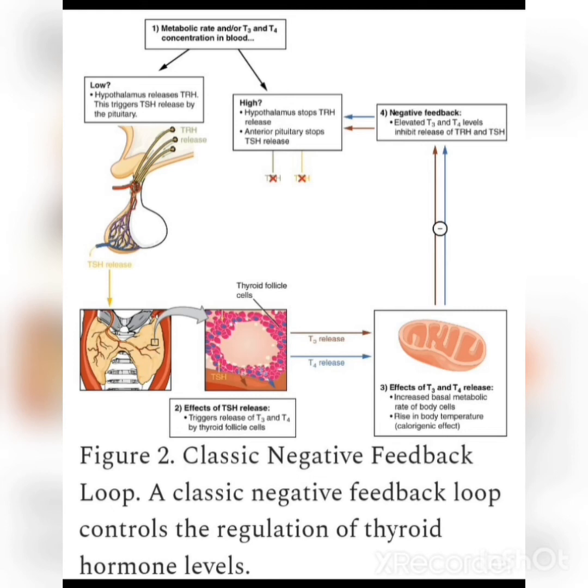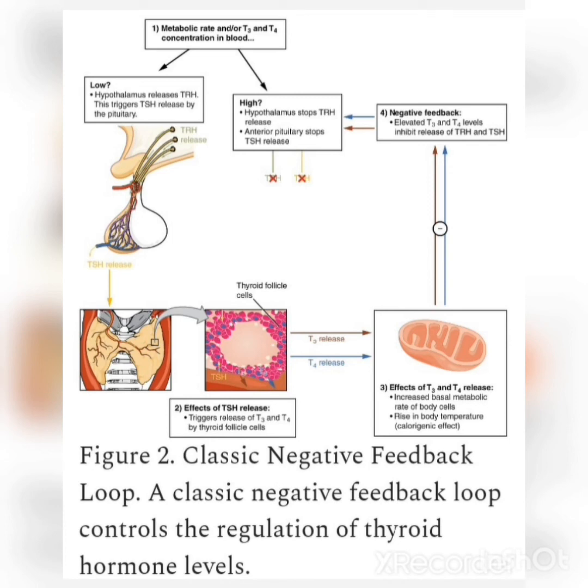The elevated T3 and T4 levels inhibit the release of TRH and TSH, whereas high T3 and T4 levels stop the TRH release, and the anterior pituitary also stops the release of TSH.